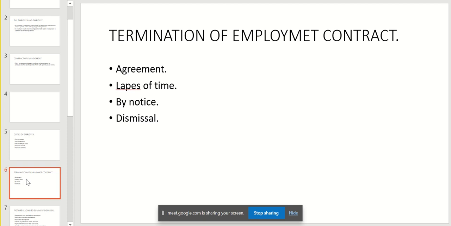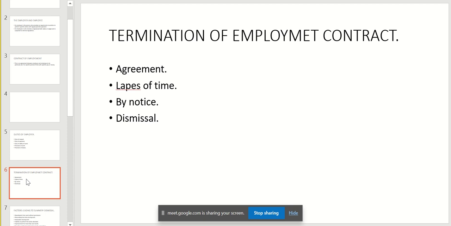Secondly, we have lapse of time. Here is whereby the time of the contract comes to an end, and that is known as lapse of time. Third, we have by notice. Here is whereby the employees are notified that the job or the task they are doing is going to end in a very few days.